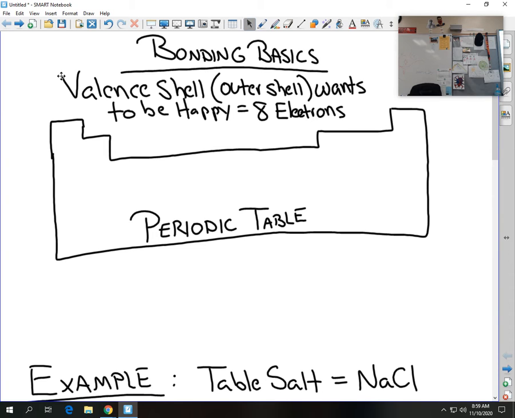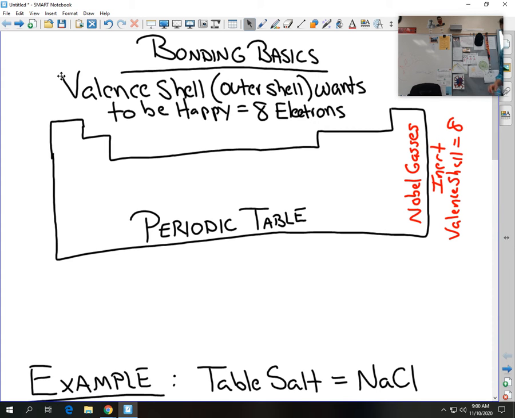So if we look at our periodic table, all right, one group that really stands out is this group over here, the noble gases. And the noble gases are what we call inert. And the noble gases are inert because in their outer shell, in their valence shell, is equal to 8.